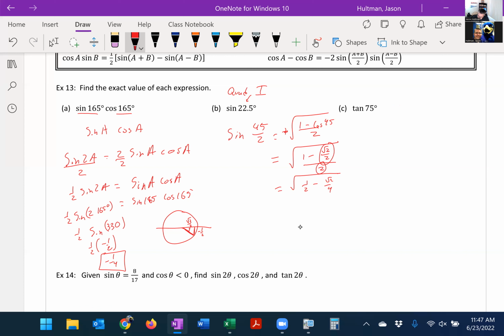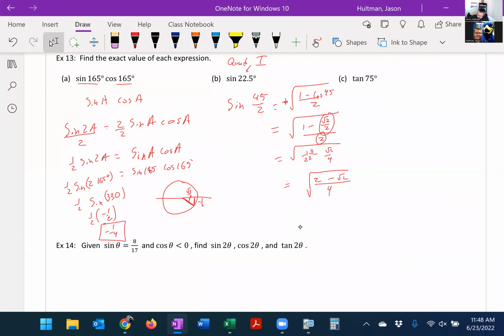So if I multiply both top and bottom by 2 to get the common denominator of 4, this becomes equal to the square root of 2 minus radical 2 all over the square root of 4. Let me make the radical a little bit bigger so it encompasses all of it. All over 4.